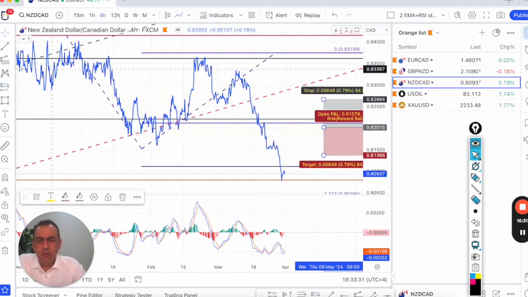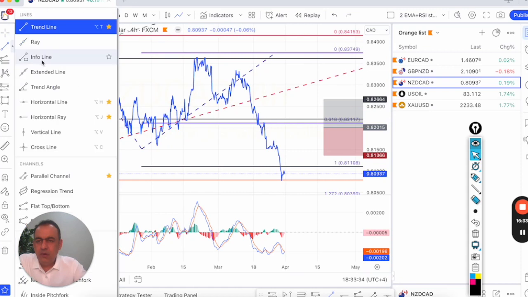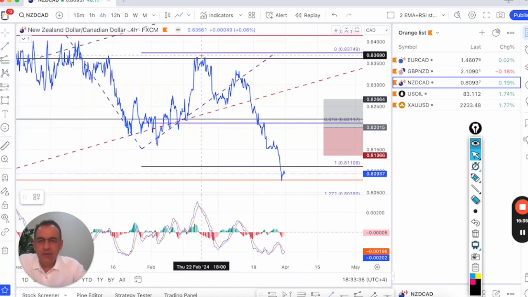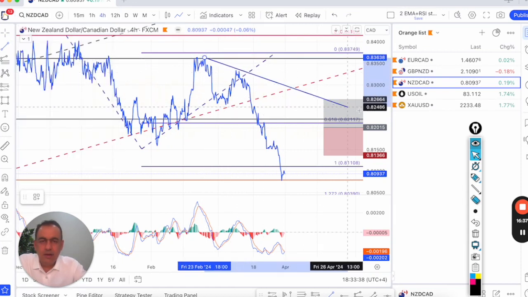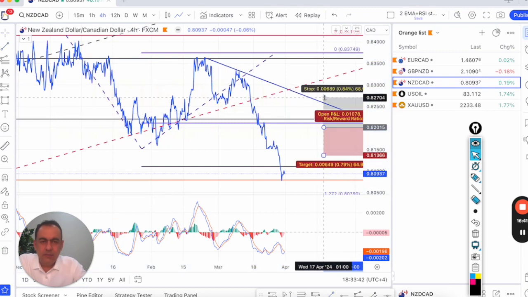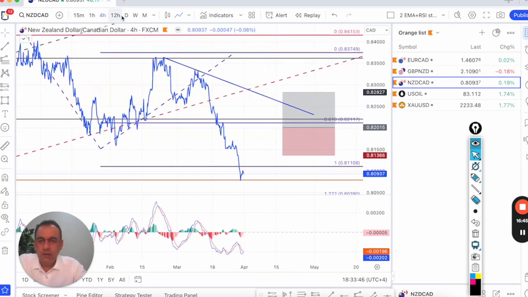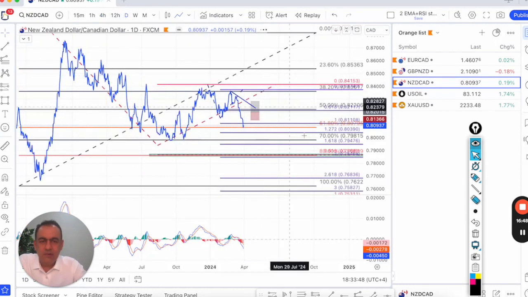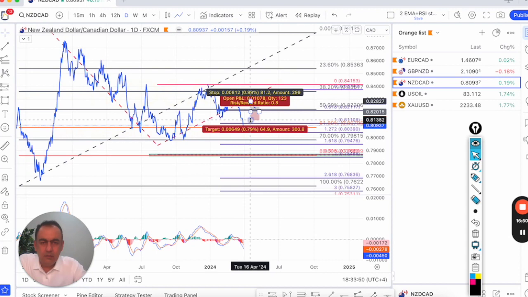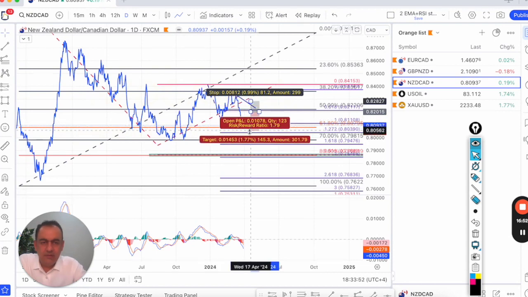We can use the falling trend line connecting the high and the lower high, and we can use the stop loss above the falling trend line, and the target should be 0.7950 here.